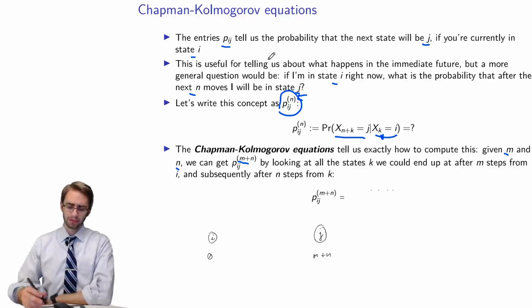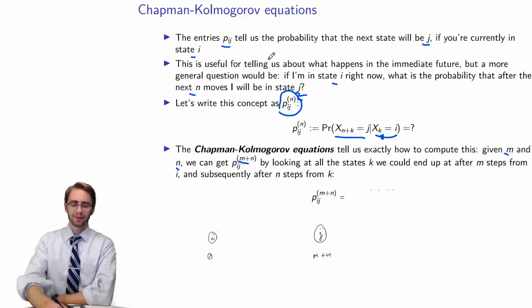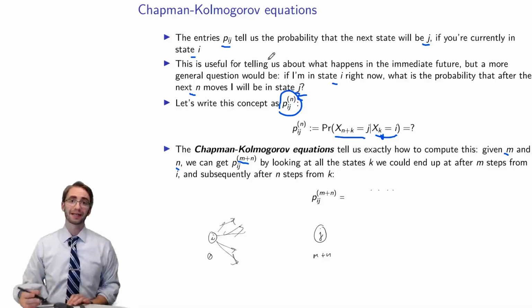So let's break this up and think about what has to be true. You're going from state i at time 0 to some other state at time 1, and so on and so forth. There's all kinds of paths you might take, right? There's a whole lot of ways to get from i to j.